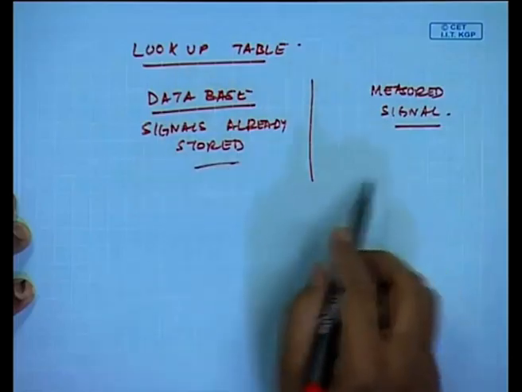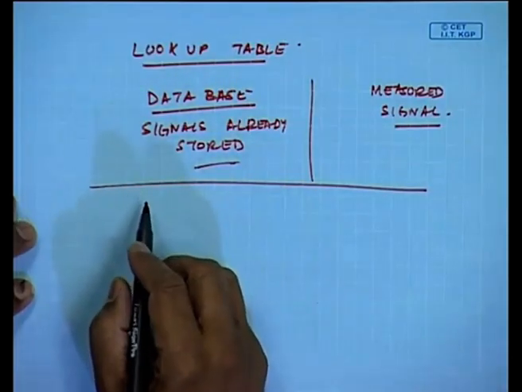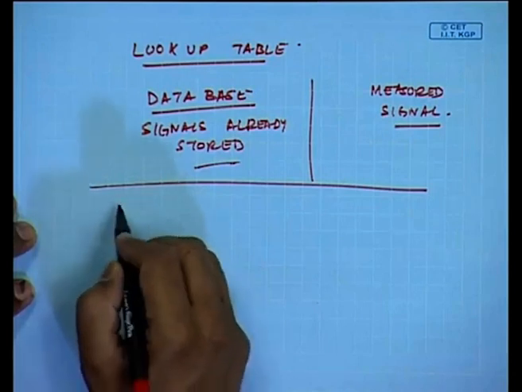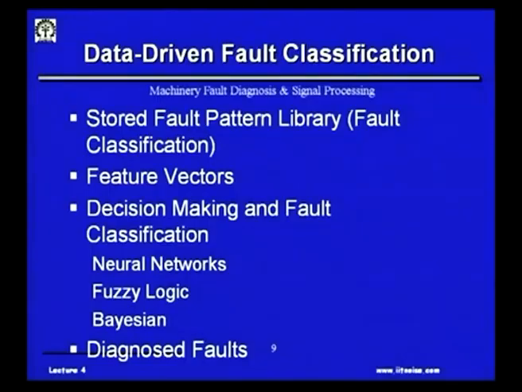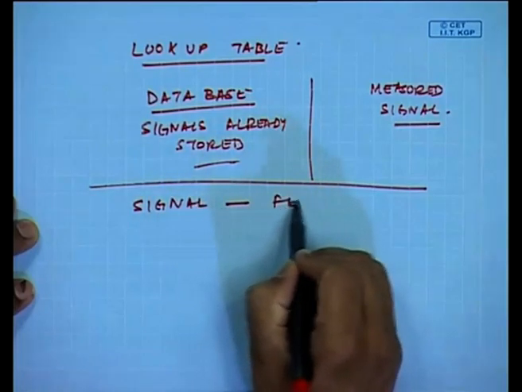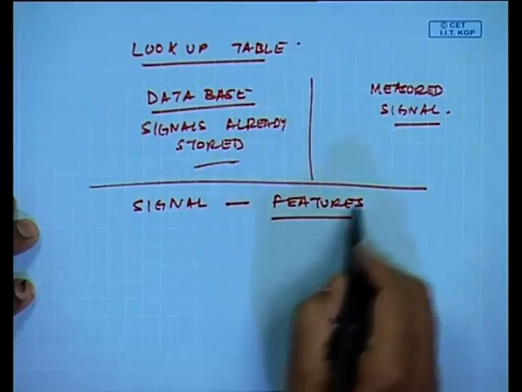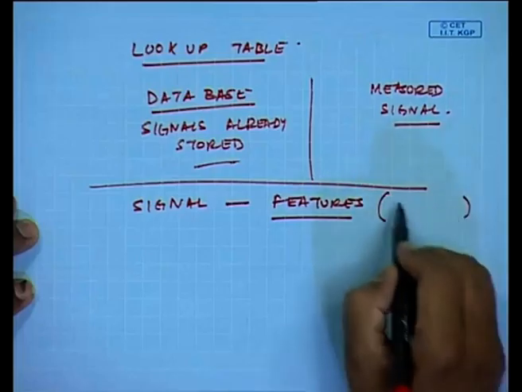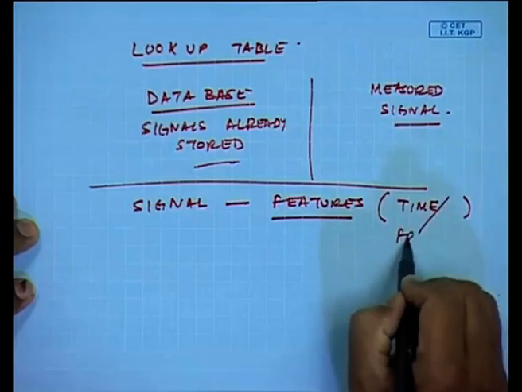If the deviations are large, we can pretty safely say a fault has occurred. Another is feature vectors. Now, in this signal, what are the features to be studied? I will focus more on this when I talk about time domain and frequency domain analysis.